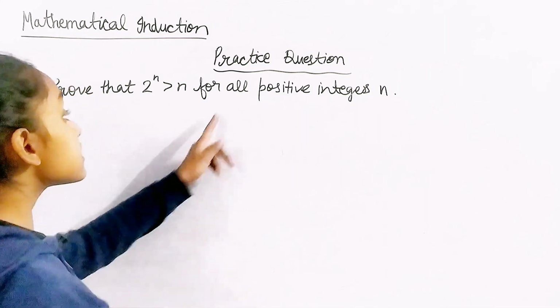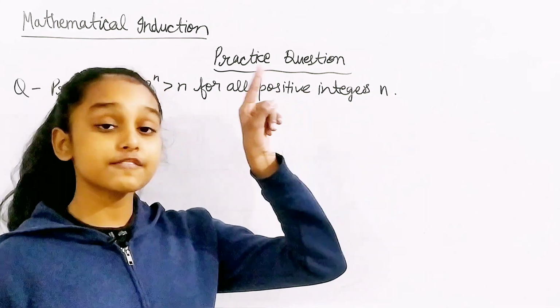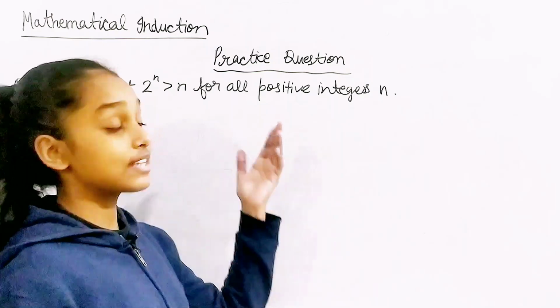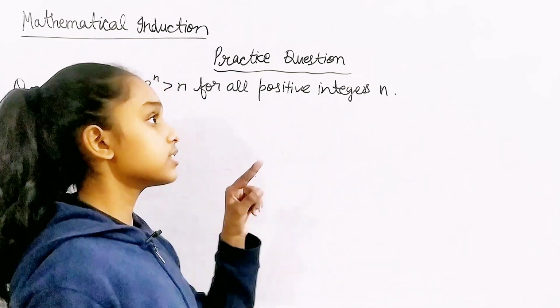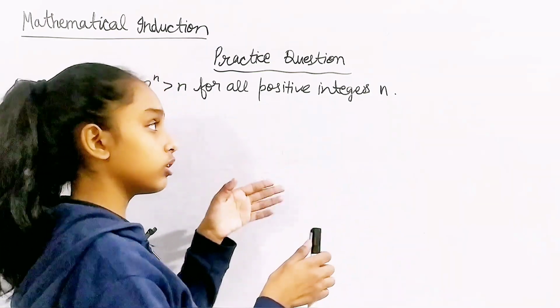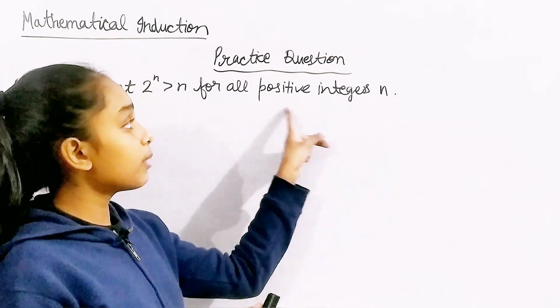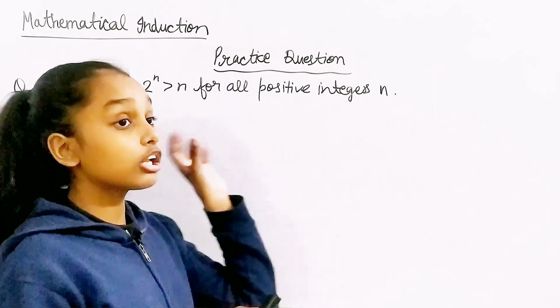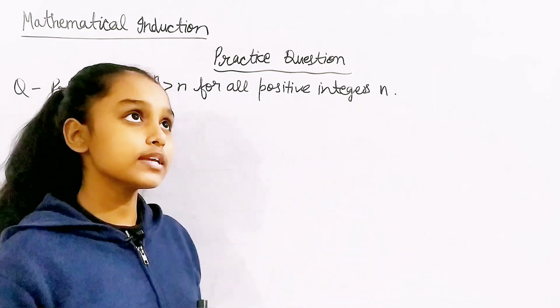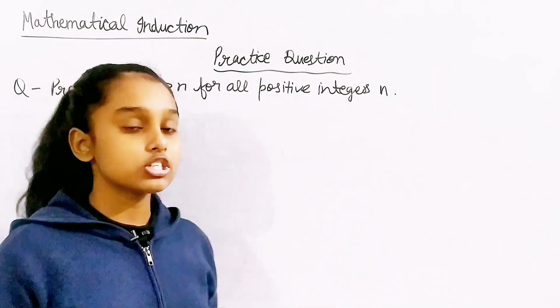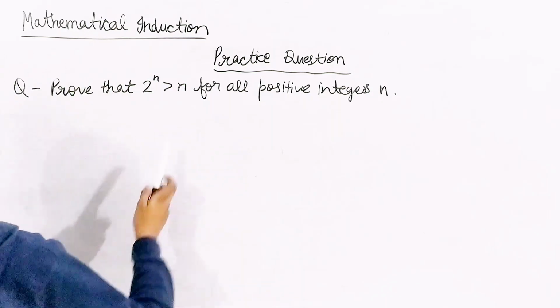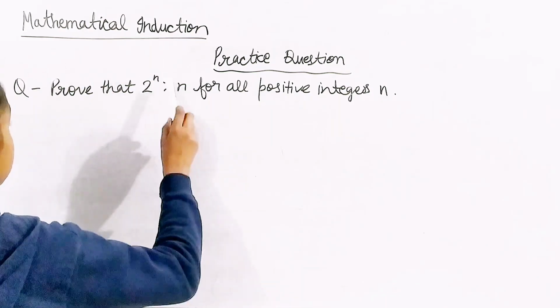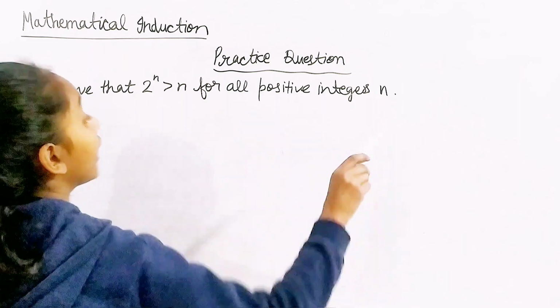Positive integers means the positive Z. Z is for the set of integers, so positive Z includes only the positive integers, no negative integers. We have to show that 2 to the power n is greater than n for all positive integers.